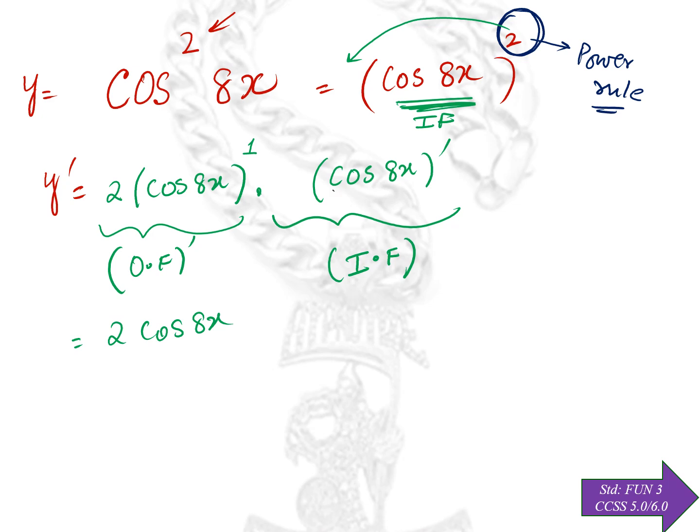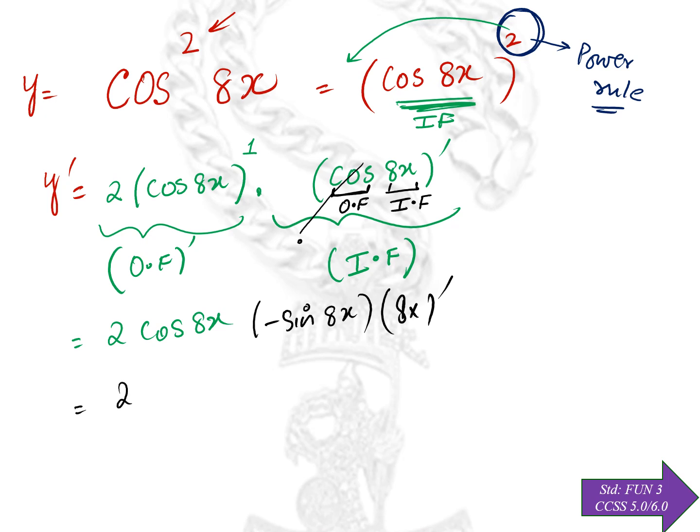Why? In this function, cosine is your outer function and 8x is our inner function. So again we will apply the formula. So cos changes into what? Negative sine. Write the inner function as it is and again write the inner function with prime.